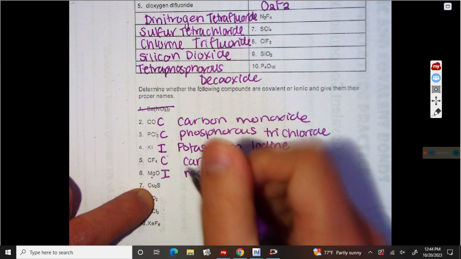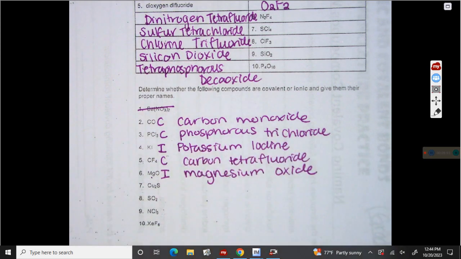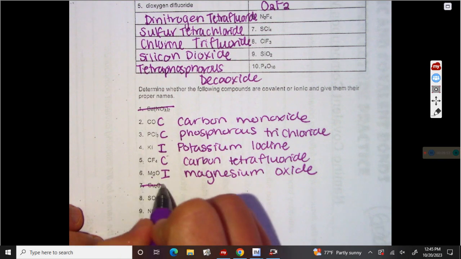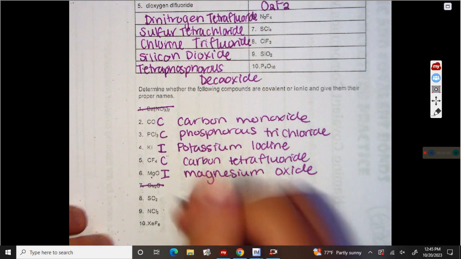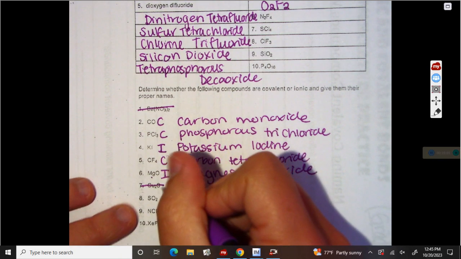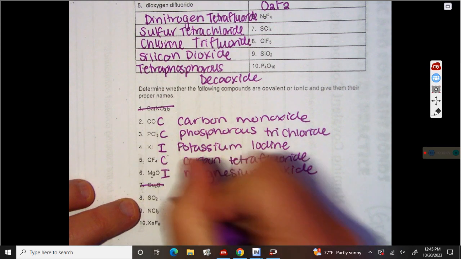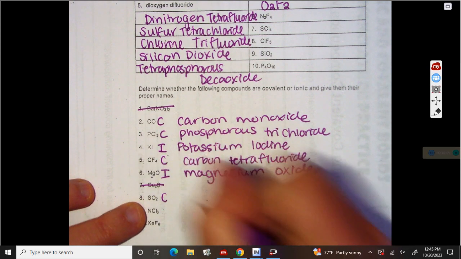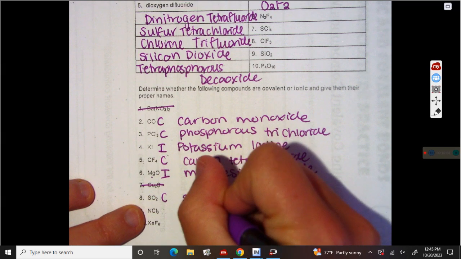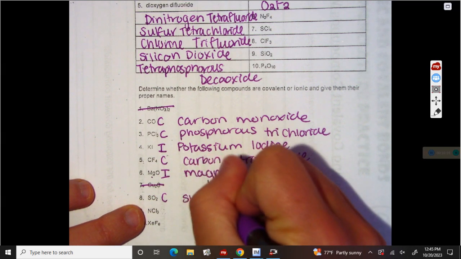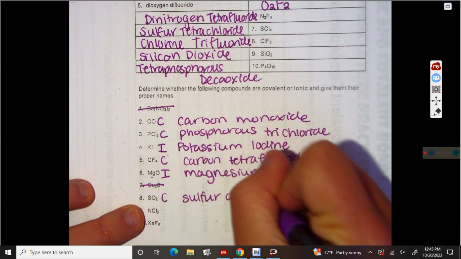This is copper, so that is actually going to be a transition metal. So we're actually going to cross that out. It would be copper with a Roman numeral 2 in parentheses and then sulfide. Sulfur and oxygen, covalent. So we're going to use prefixes. Not in the first though, because that would be mono. Sulfur dioxide.